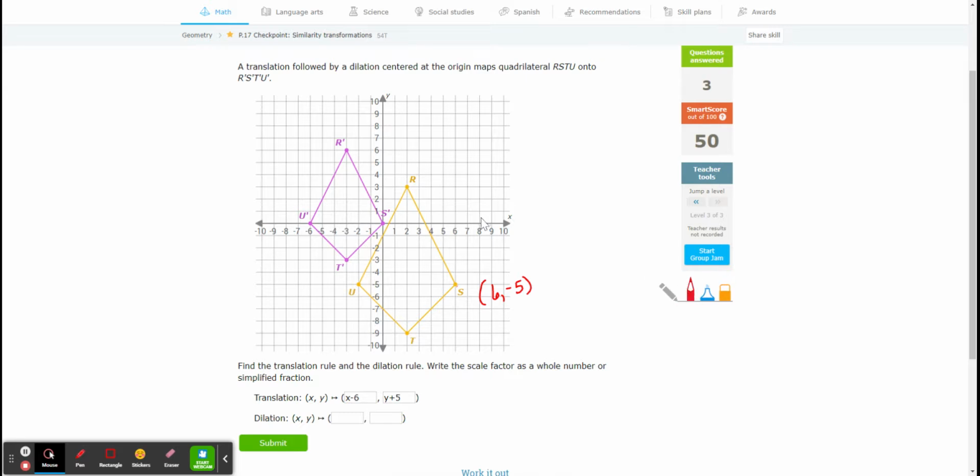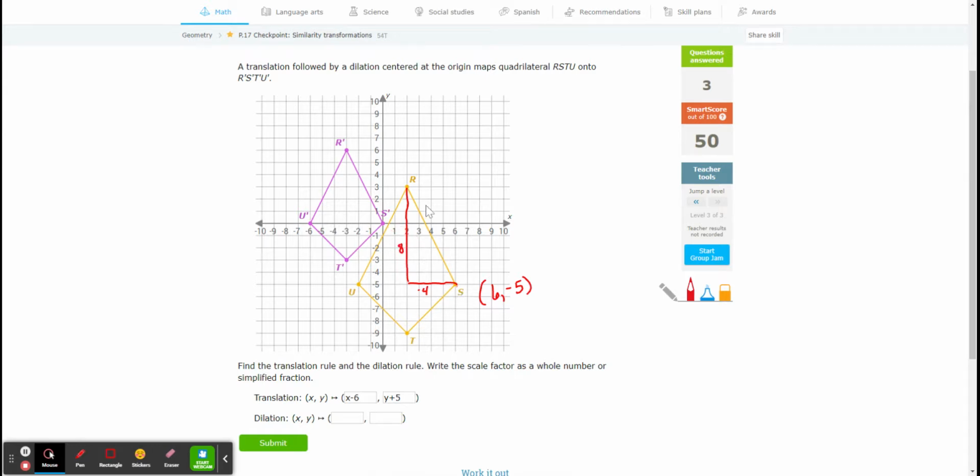All right, now to find the dilation. So originally, to go from S to R, I would go 1, 2, 3, 4 to the left, and then 1, 2, 3, 4, 5, 6, 7, 8, 8 up.